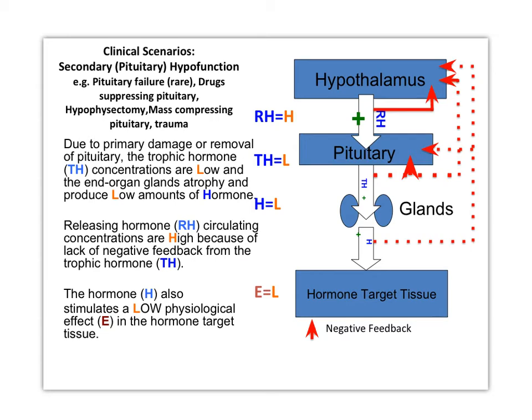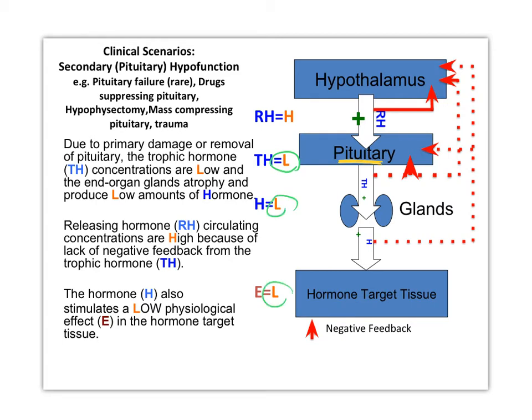So what happens here? We have the situation where the primary problem exists at the pituitary, and so it cannot produce the trophic hormones. You see they're low. And so as a result, we have a lack of glandular stimulation, a lack of glandular hormone production, and therefore the hormone levels are low, and the animal presents with hypofunction.